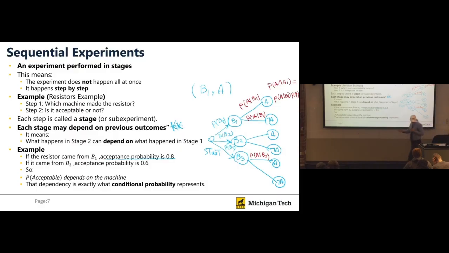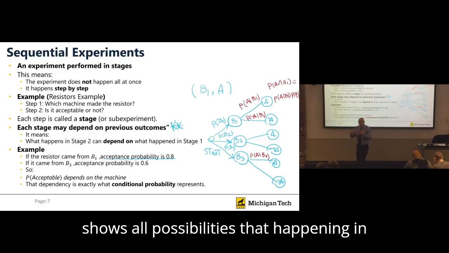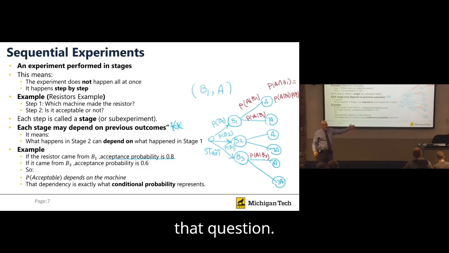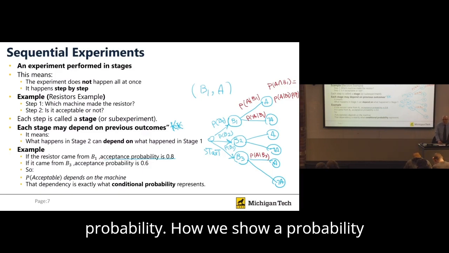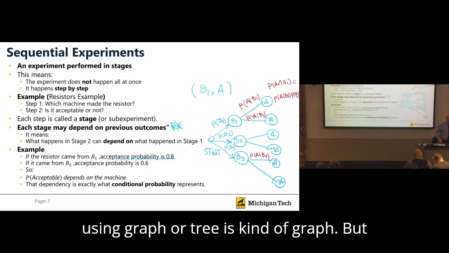This graph shows all the possibilities happening in that question. This is called the tree representation of probability. We show a probability using a graph, and a tree is a kind of graph.